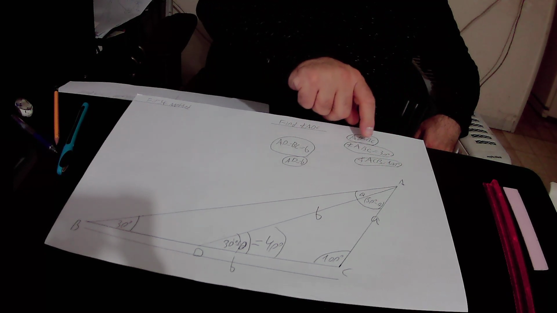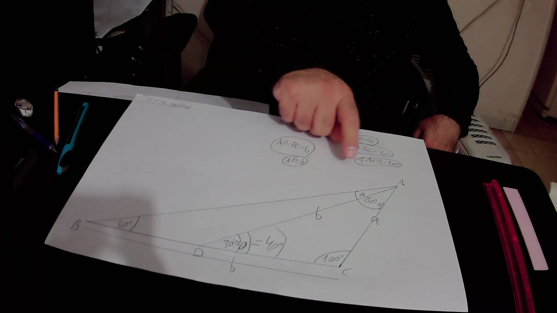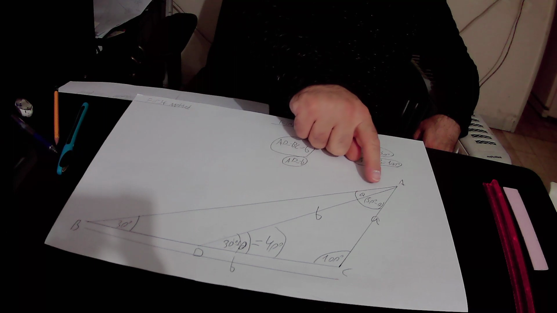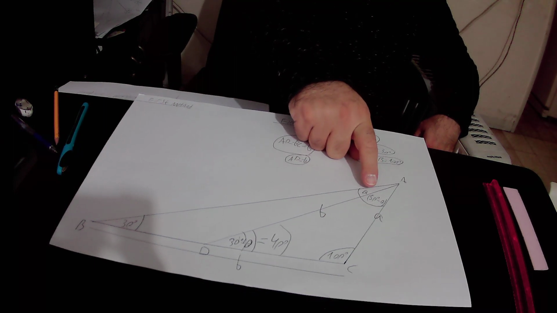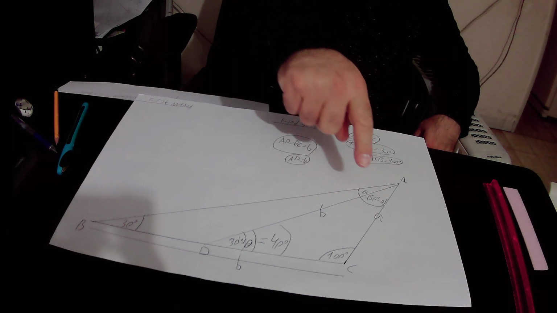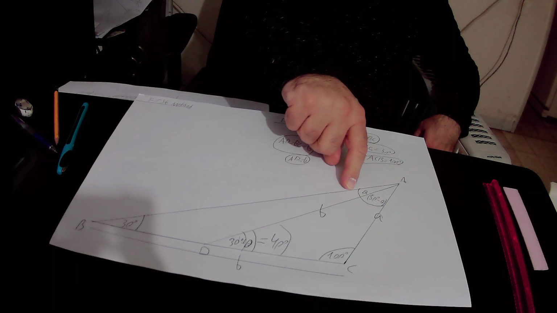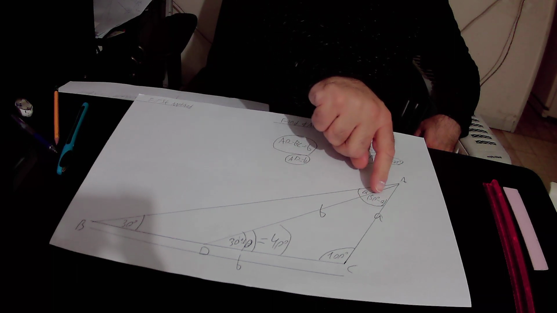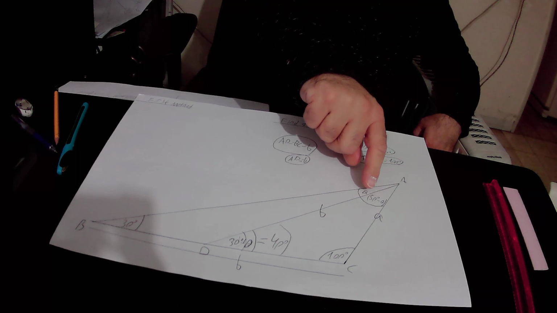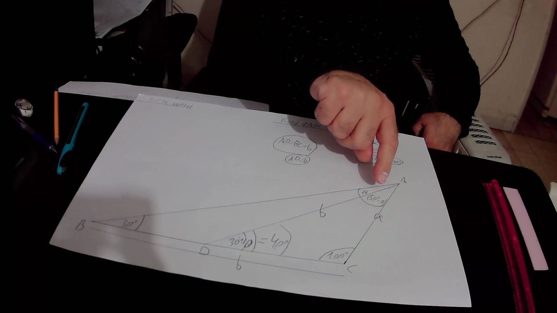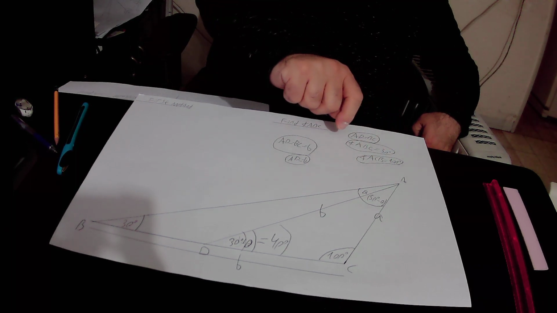So if we define angle DAB as theta, then angle CAD must be equal to 50 degrees minus theta, because this angle in total equals 50 degrees. Therefore, the sum of those two angles must be equal to 50 degrees. And indeed, angle theta plus 50 degrees minus theta equals 50 degrees.